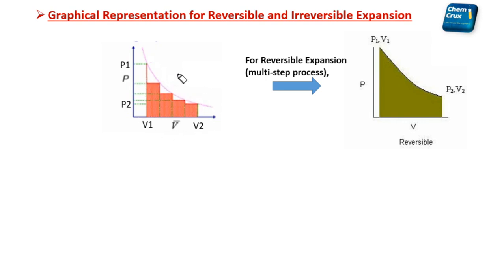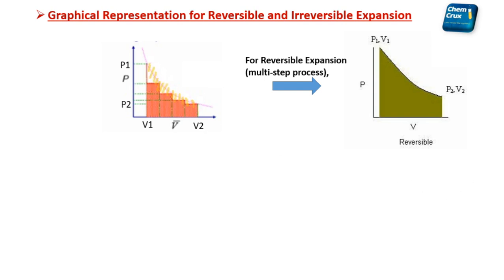Now we know reversible processes are actually carried out in several infinite steps. So actually if we divide this into several infinite steps, these blocks will eventually become smaller and the shaded portion will actually be the whole area under the curve.